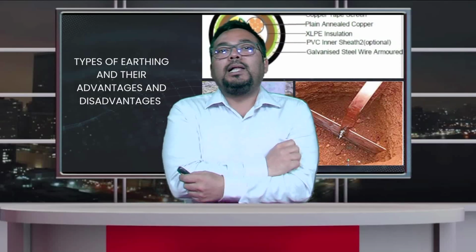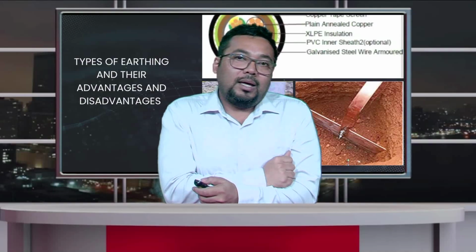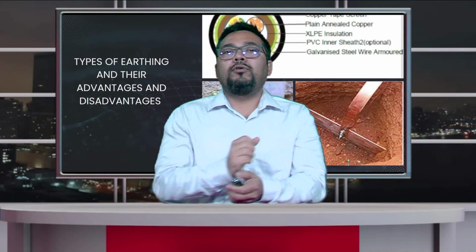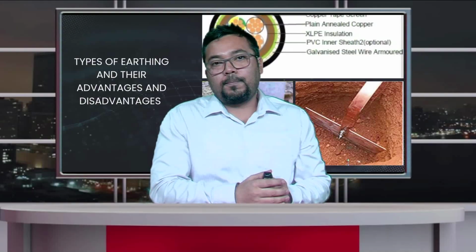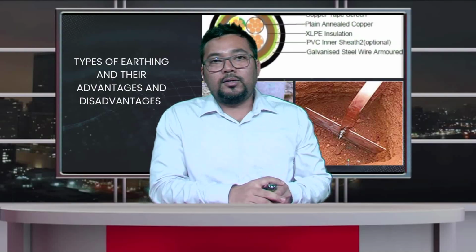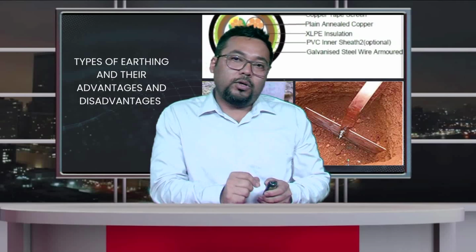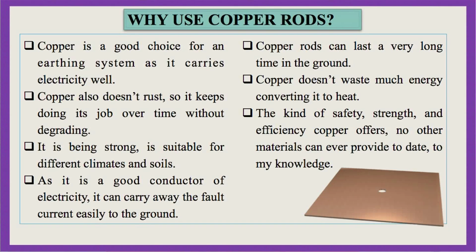It usually meets building codes better and is seen as very reliable for grounding purposes. So the use of copper is a good idea in a grounding system. The kind of safety, strength, and efficiency copper offers, no other material can provide to date, to my knowledge.